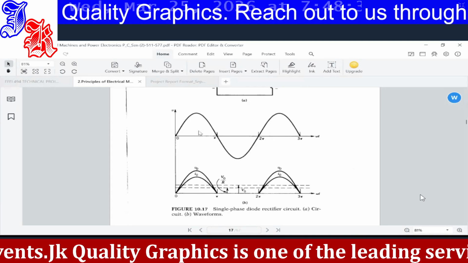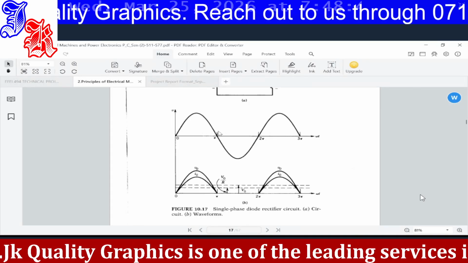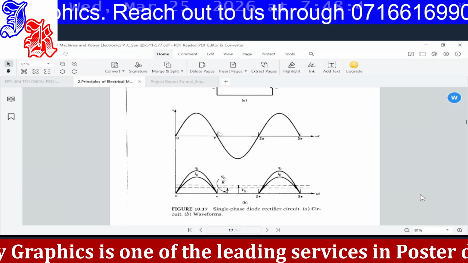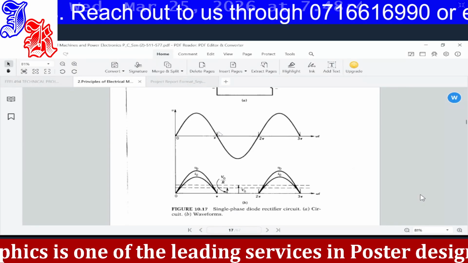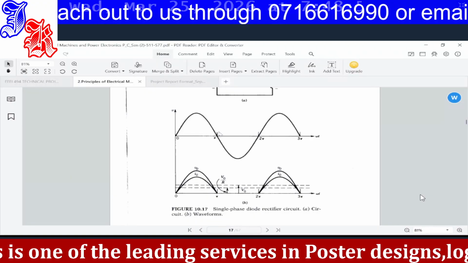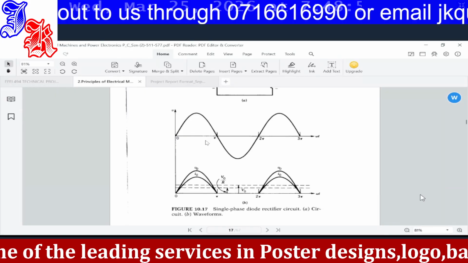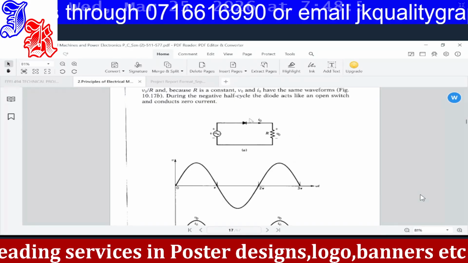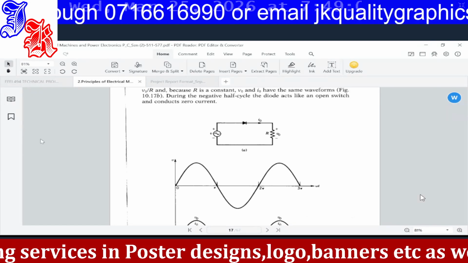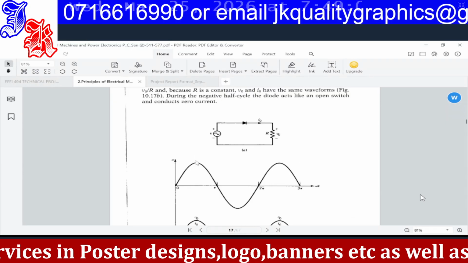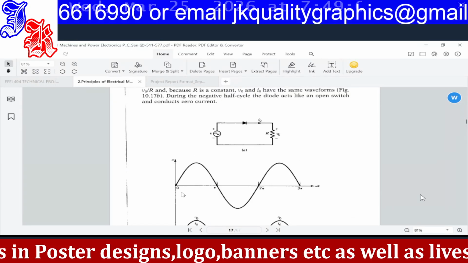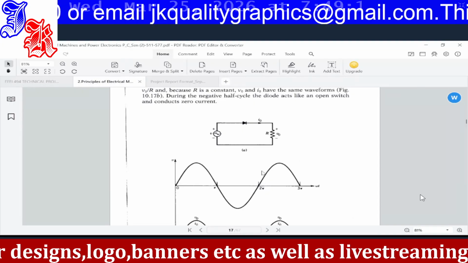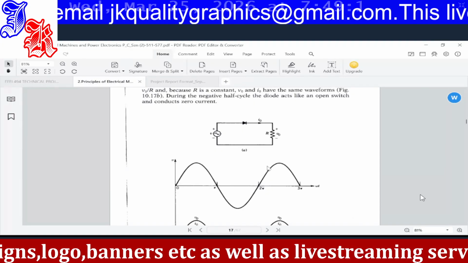For a diode, if we connect it in the forward biased way, and it is one diode in a circuit, it allows whichever wave is forward biased to it to pass, but it will block the other part that is reverse biased.